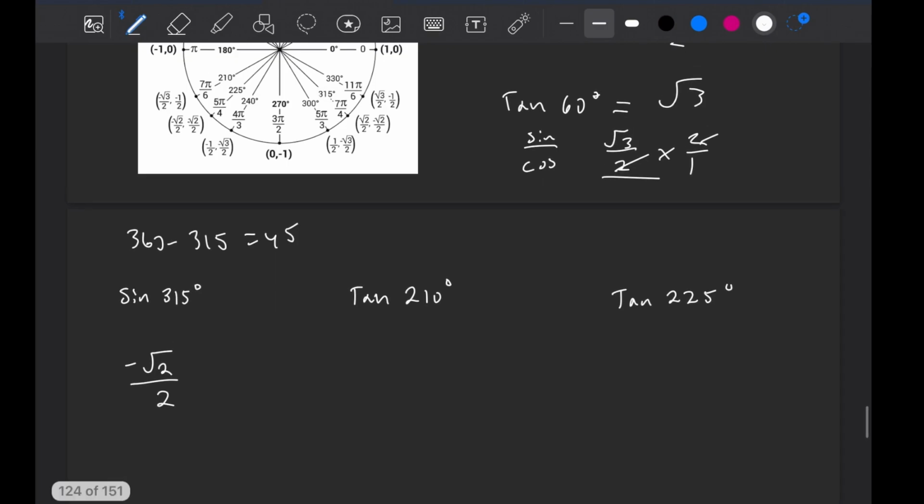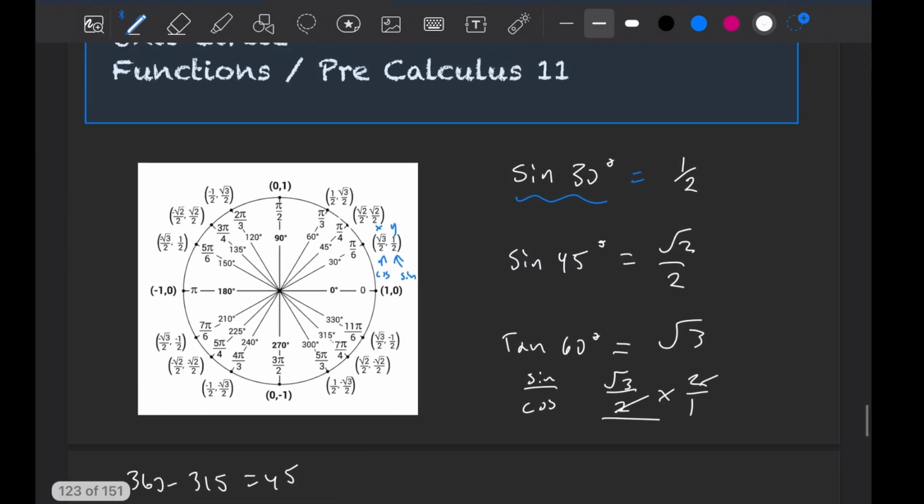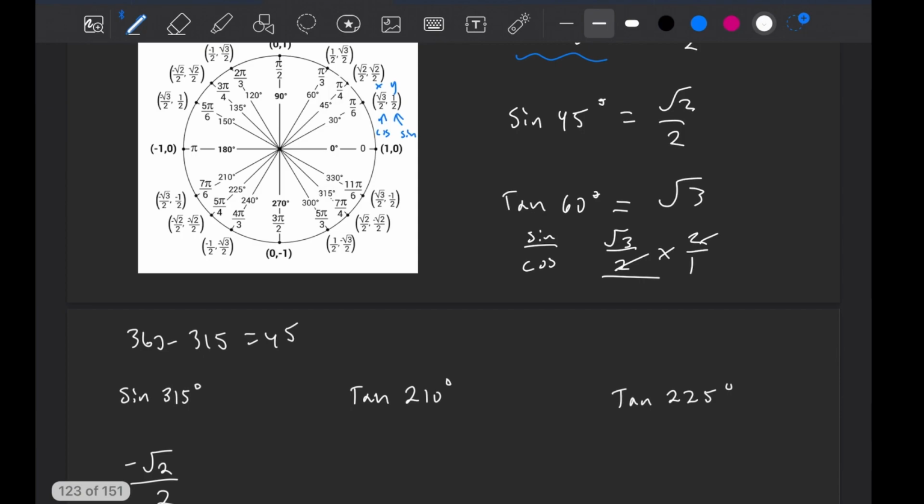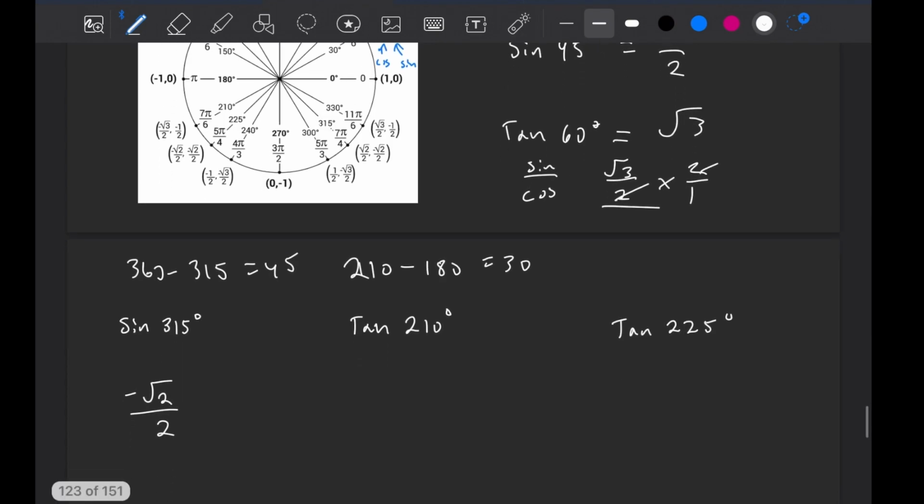Tangent of 210. So we know the reference angle is 30 degrees, like if we did 210 minus 180, because we know it's in quadrant 3. So then we can figure out that, okay, it's just going to be the 30-degree values, and sine and cosine are both negative in quadrant 3.